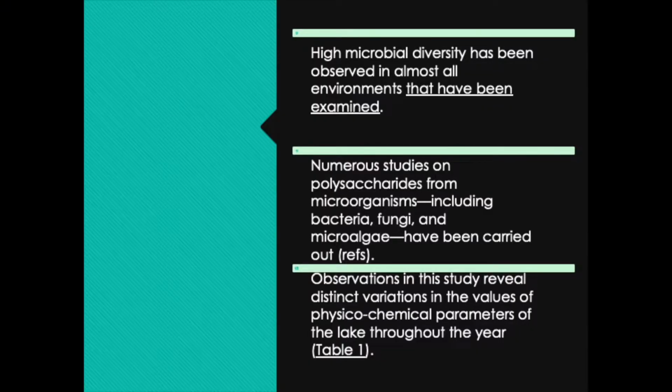Thirdly, observations in the study reveal distinct variations in the values of physico-chemical parameters of the lake throughout the year. Again, I feel like this is a statement that is completely obvious, and it's just there as a place to place the reference for Table 1.